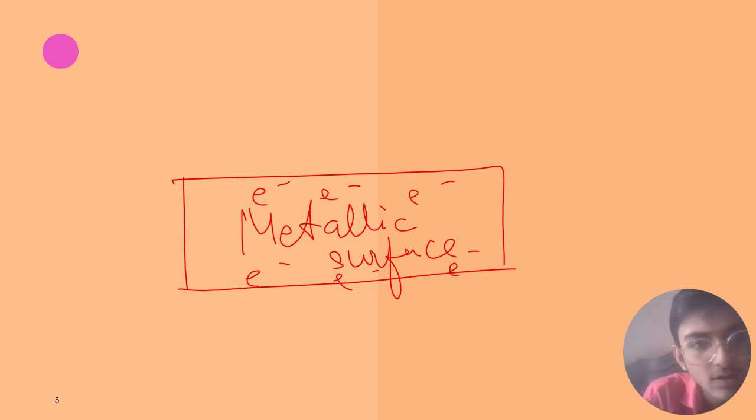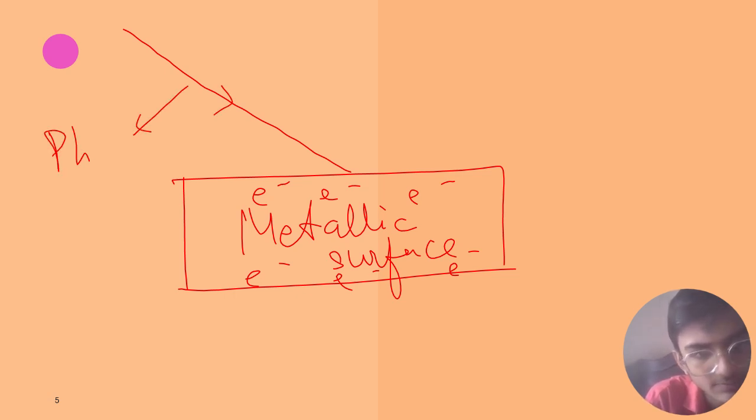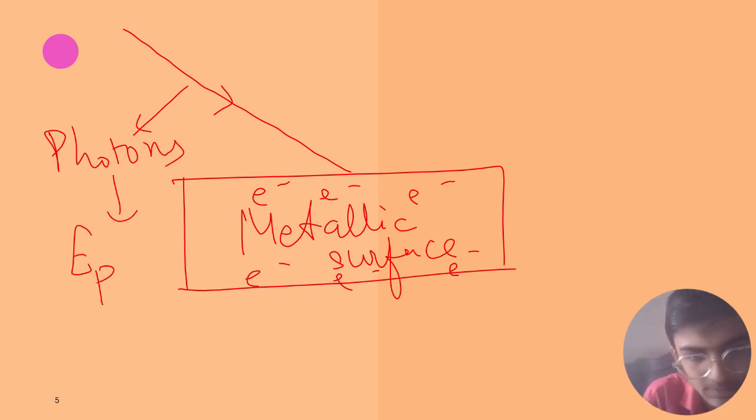Now a ray of light is incident, and this ray of light has photons. Each photon carries energy called EP, and the energy associated with the metallic surface is called the work function, which we will discuss, denoted by phi.